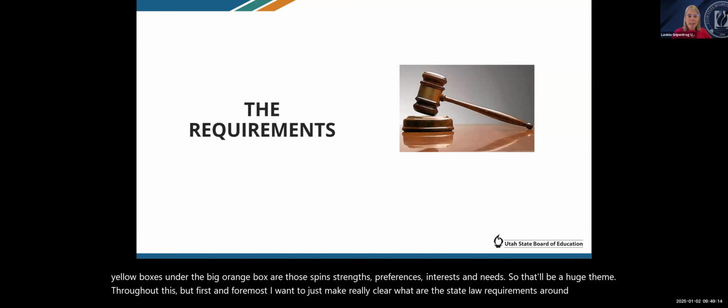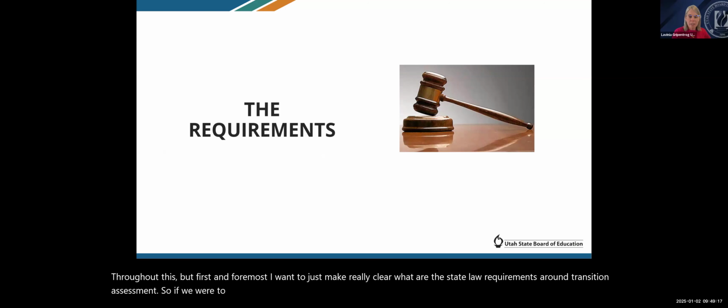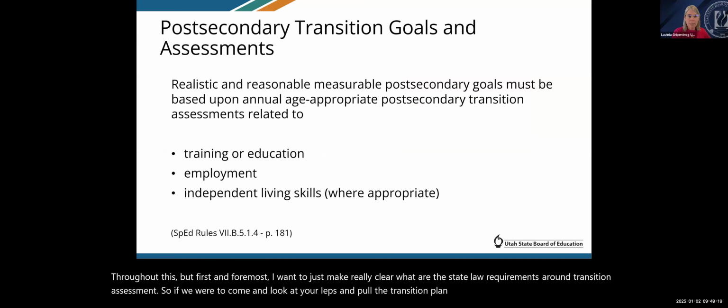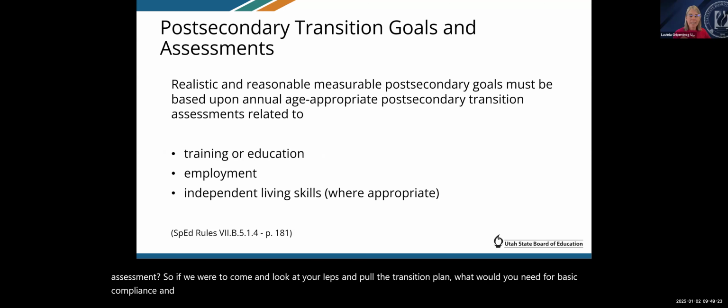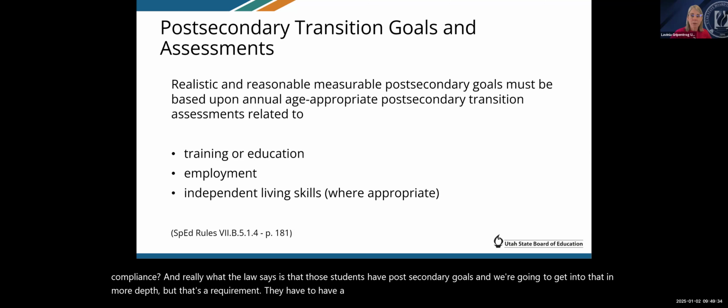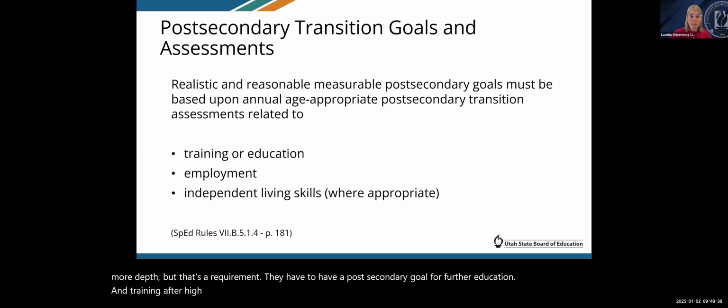So if we were to come and look at your IEPs and pull the transition plan, what would you need for basic compliance? And really what the law says is that those students have post-secondary goals, and we're going to get into that in more depth, but that's a requirement. They have to have a post-secondary goal for further education and training after high school, and they have to have a post-secondary goal for what they'll do for employment, and then one for independent living if that's appropriate for the student.